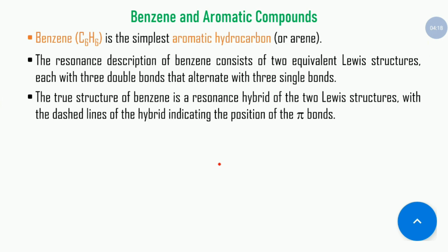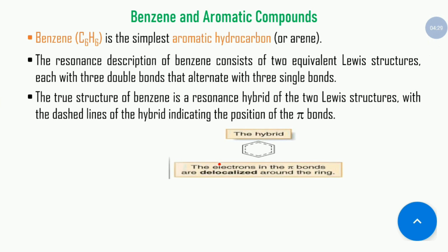We have already studied all this, and we also know that benzene has 2 resonance structures. This one is the first structure and this one is the second structure. Both of these are the resonance structures of benzene.